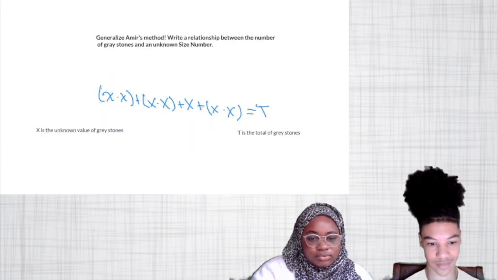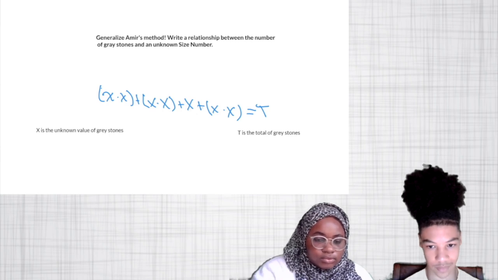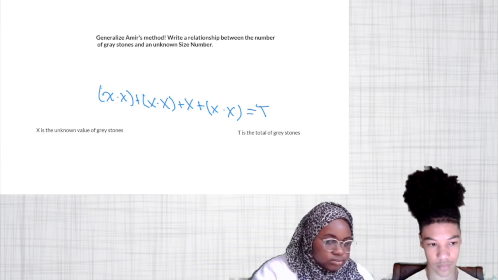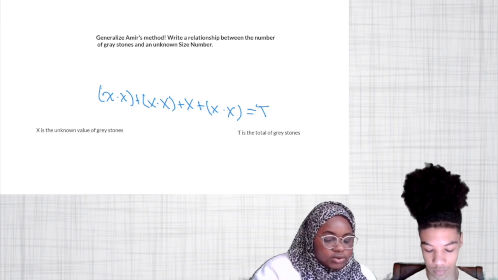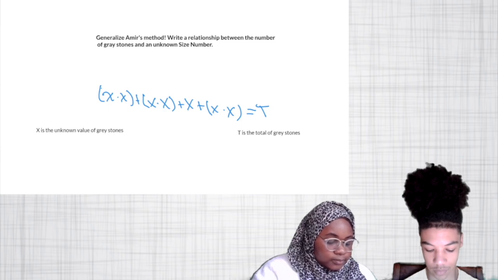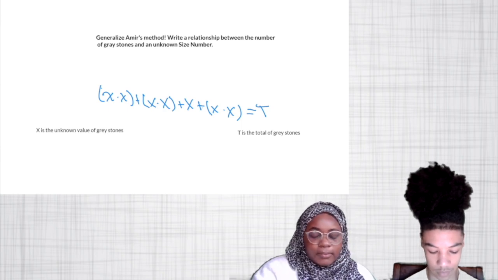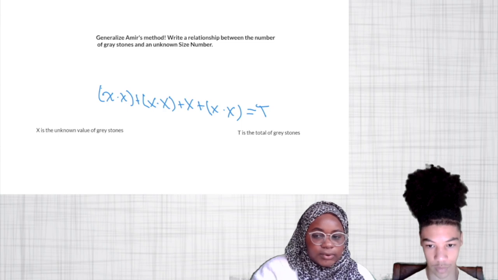So do you want to make any changes here for the X? I've heard you thought it could be two different things. Maybe you could explain what the X could be. We could put gray stones in one column, or we could put the size value. I mean the size number.